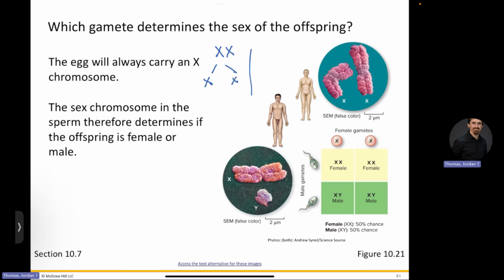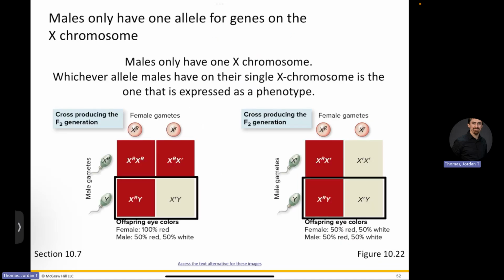But males are XY, so the male can pass either an X or a Y. So it's the males that determine the sex of the offspring, because they can pass down an X or Y, versus females, who can only pass down X. The sex chromosome in the sperm therefore determines whether the offspring is female or male.